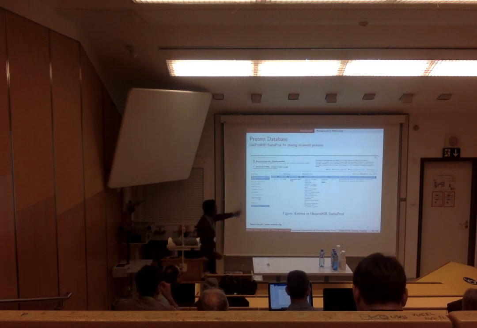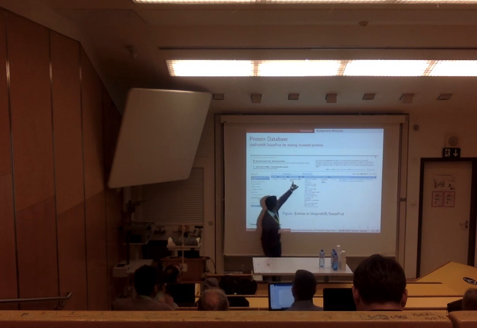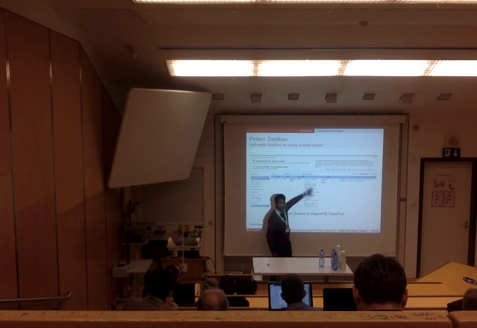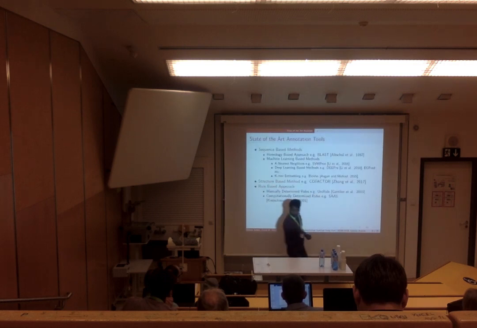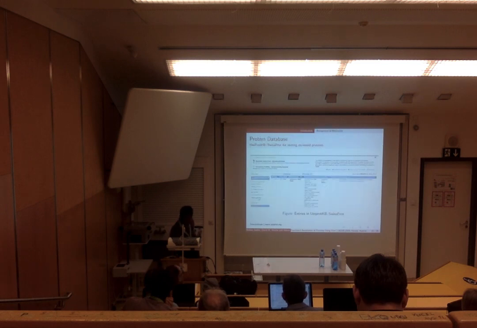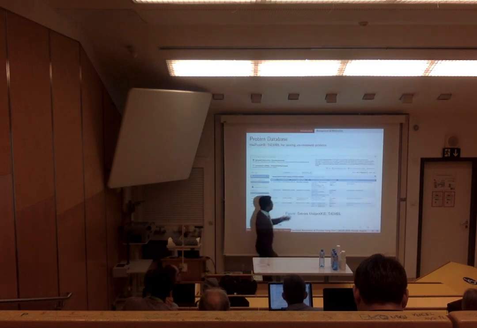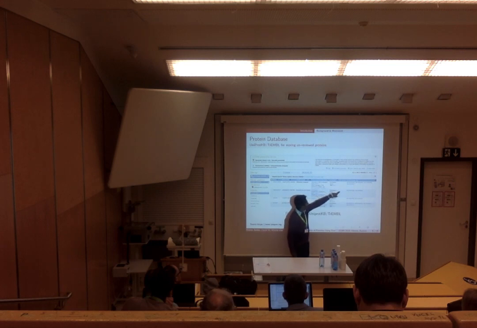So this is a snapshot of Swiss-Prot. You have a protein, it has a name, there is the bigger name, and then you have the domains that it contains. You have the annotation score, for example, how confident the experts were when they annotated. You have functions. Anyways, so you have the annotations.